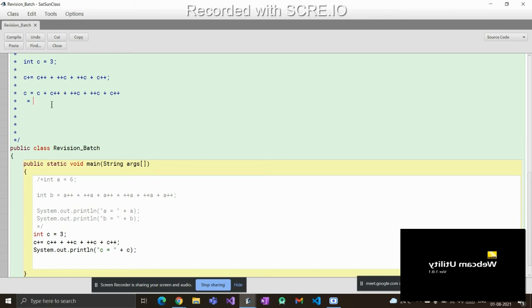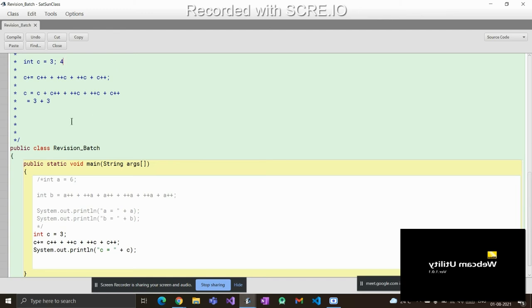Okay, now C is 3 for me, so 3 minus 3 will come. Prajakta, Hasnan, Perseus, pay attention. After that, my story of C++ starts. Now there's post increment. Post increment means first use the value of C, which is 3, so we used it, and then we made it 4.